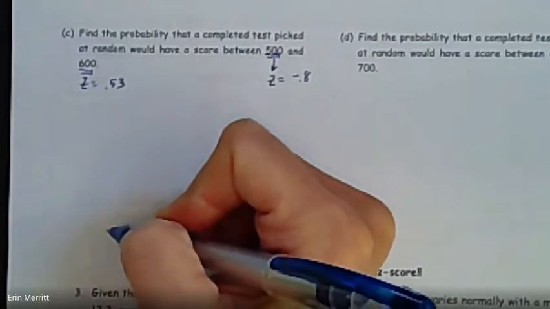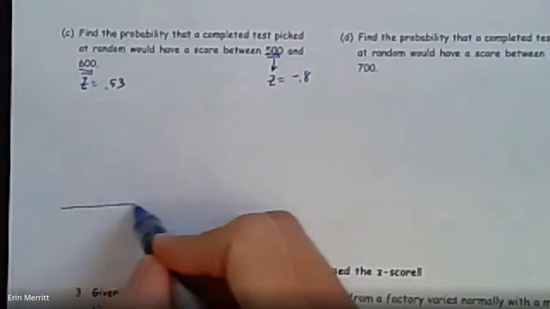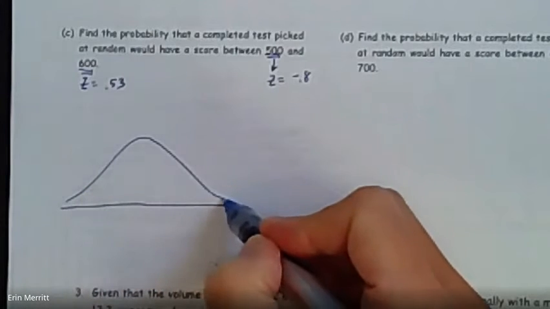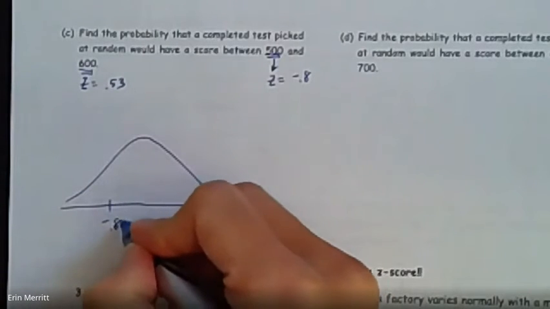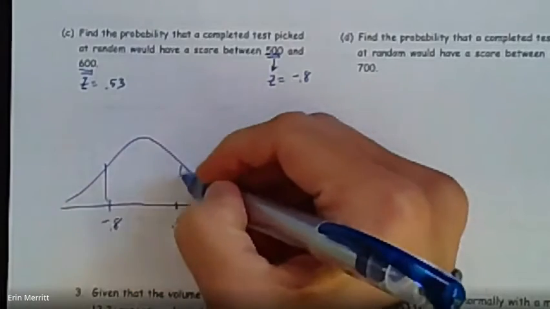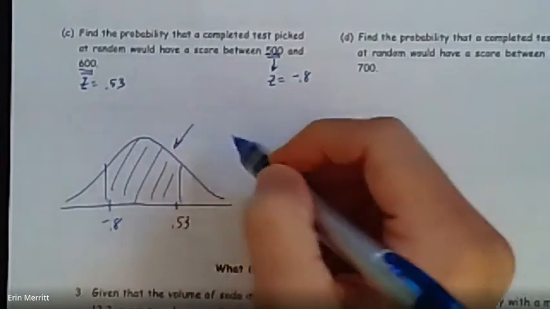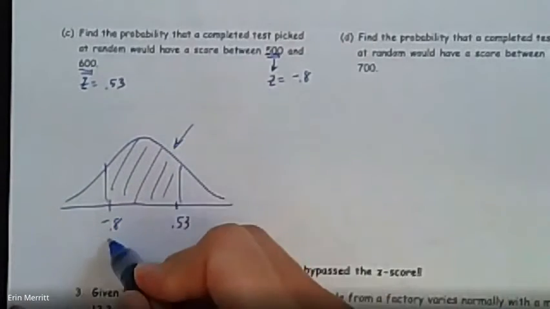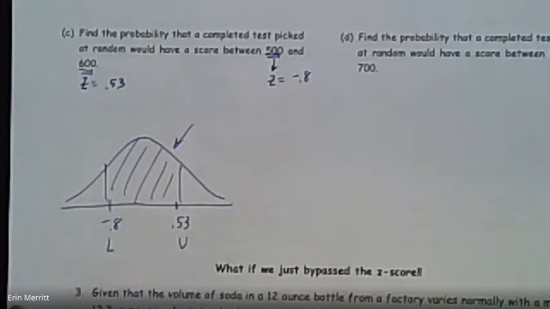All right. So when you're looking for the scores in between those, again, show the visual. So negative 0.8 and then positive 0.53. We want everybody in between here. So that means this is your lower bound. That's your upper bound. Your mean and your standard deviation stays 0 and 1. So we would do the normal CDF.